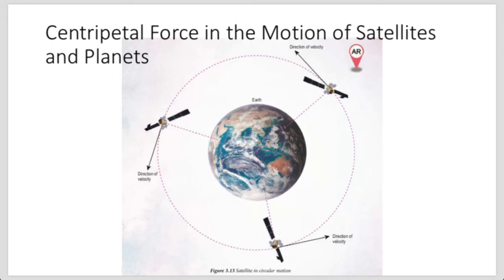The satellite keeps on trying to go away, and the Earth tries to keep the satellite next to it. It's like a boyfriend and girlfriend who can never break up. They can't decide if they want to be together or apart, right? They're always going to orbit around one another. The Earth is not letting go of the satellite. The satellite wants to get away, and it still is moving away, but because of the gravity of the Earth, it never really goes away.